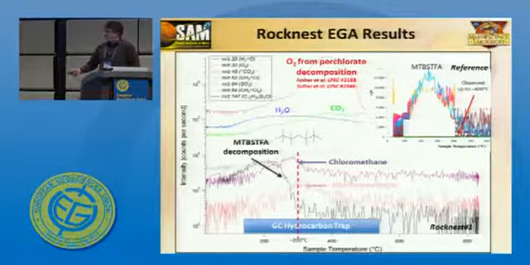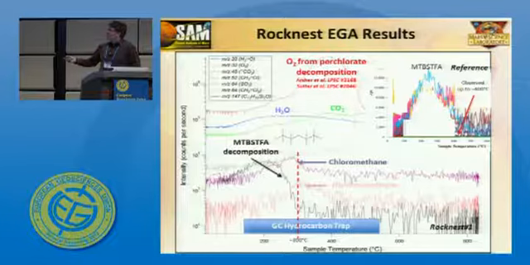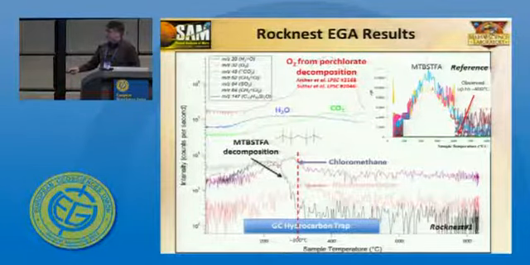If we compare this signature of MTBS-TFA in Rocknest analysis with the signature obtained in the background analysis, so this figure is not very fine, but we can see here in blue the signature of MTBS-TFA. We see that the signature drops at about 400 degrees C, so at a higher temperature than here.